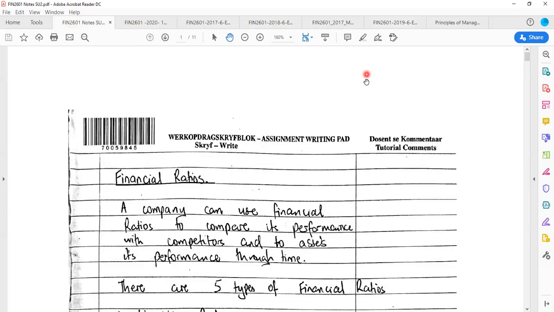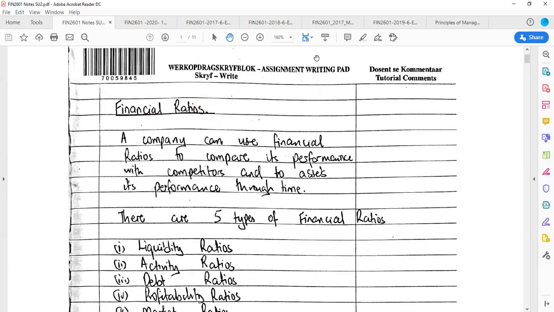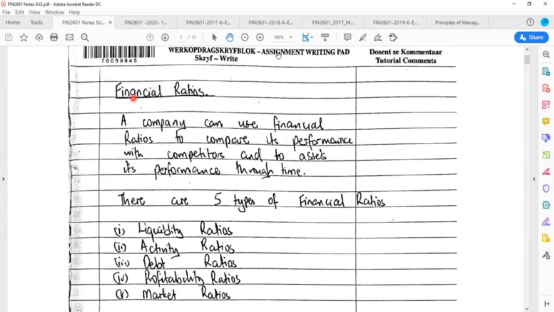So the first thing you need to know when we are analyzing financial statements is that we're going to be looking at financial ratios and financial statements. When we're analyzing financial statements, we use what we call financial ratios. A company can use financial ratios to compare its performance with competitors and to assess its performance through time.